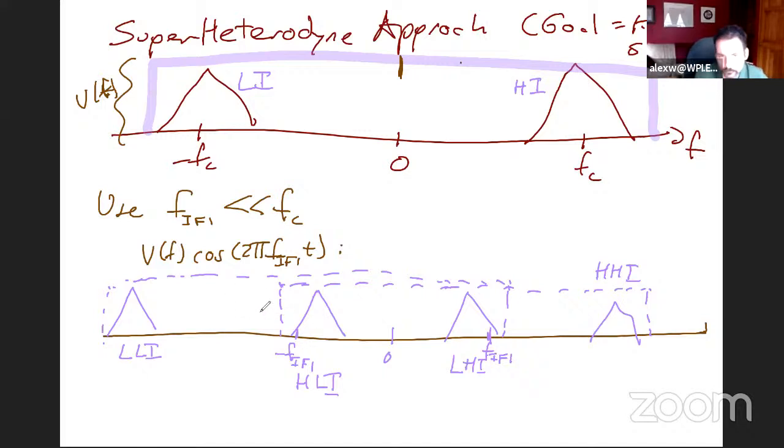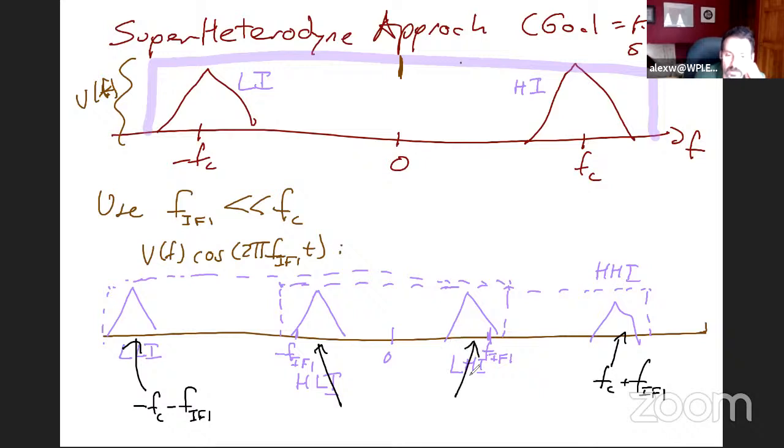So if we do this modulation, what have I just done? Well, now if you do the mathematics or just keep track of the frequency, the carrier frequencies are now, this here is going to be minus FC minus, okay, this here. So I'm starting with the easier ones.